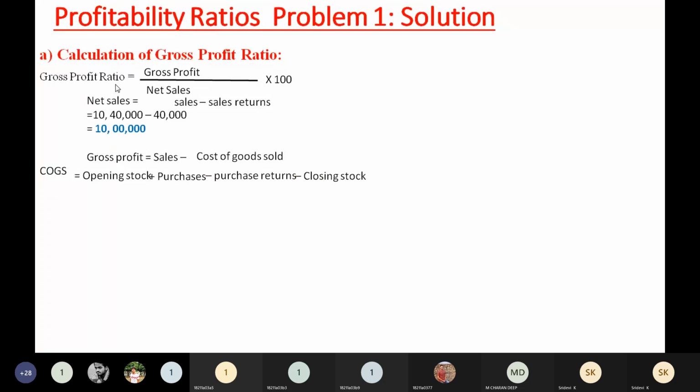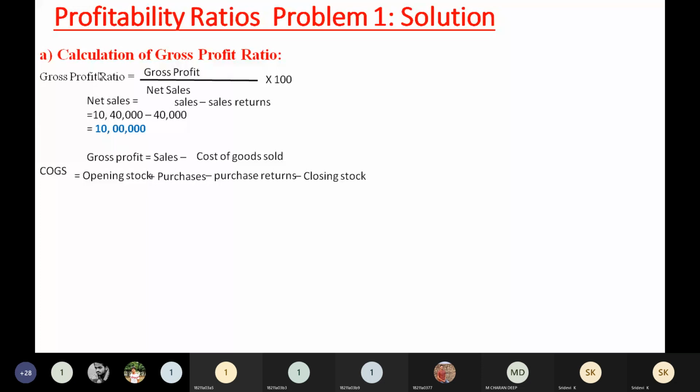So this will give you the cost of goods sold. As we have seen in the previous slide, opening stock, purchases, every piece of information is given. So you take down all that information and use it here to calculate the cost of goods sold.